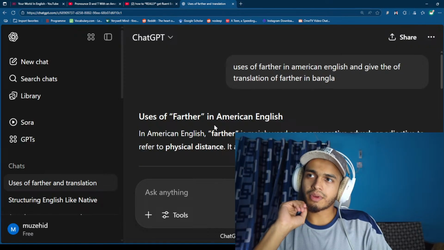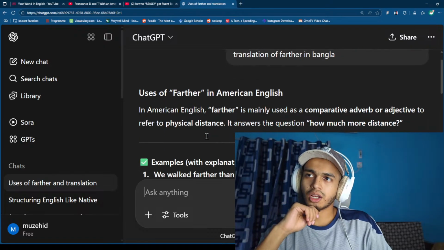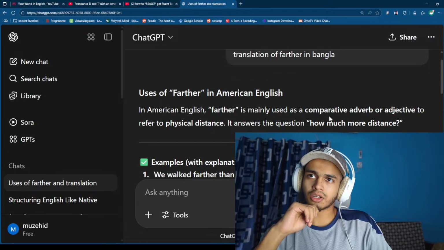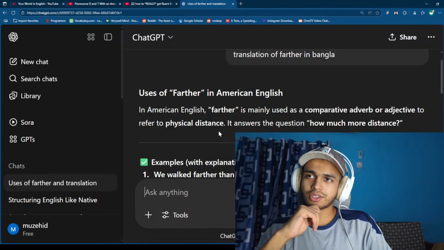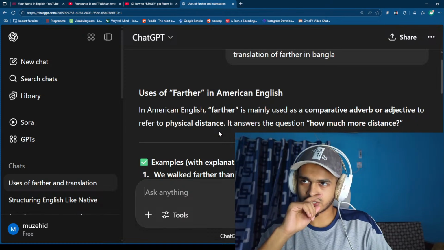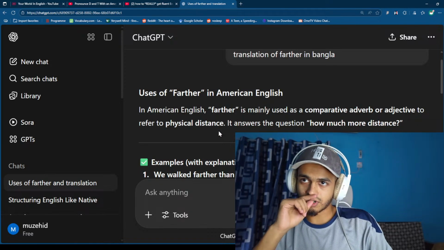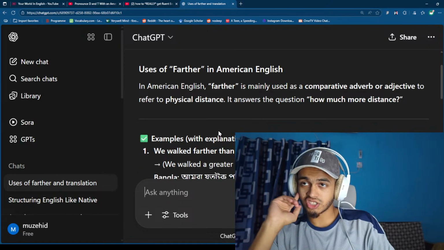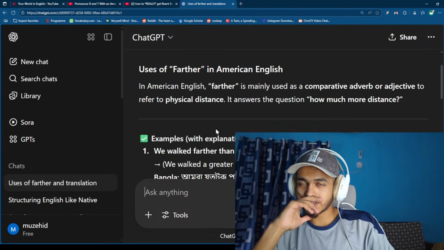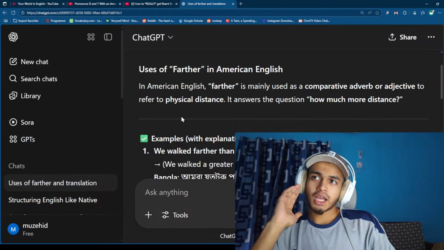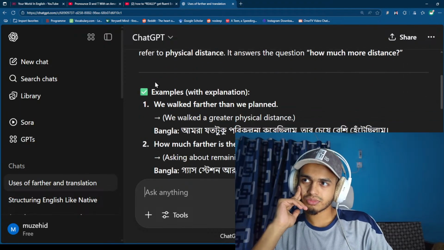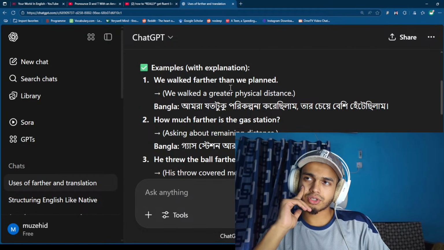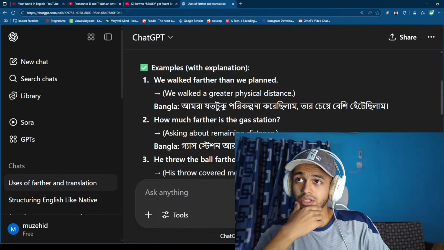Uses of further in American English. In American English, further is mainly used as a comparative adverb or adjective to refer to physical distance. It answers the question, how much more distance? Examples: We walked further than we planned.